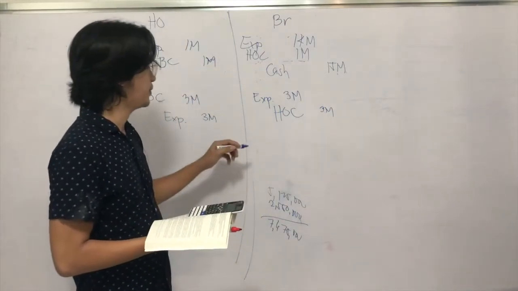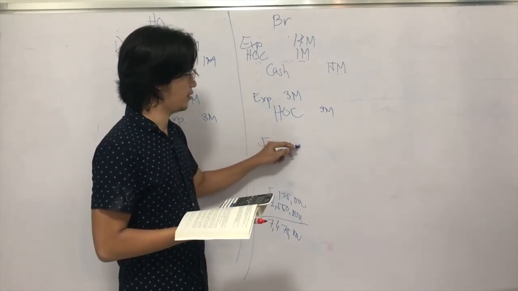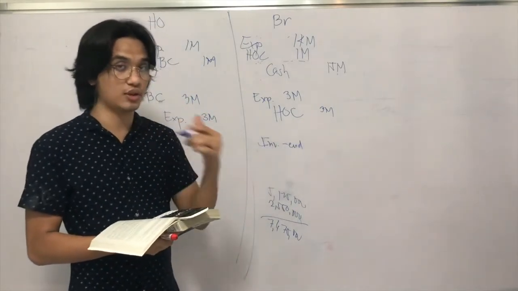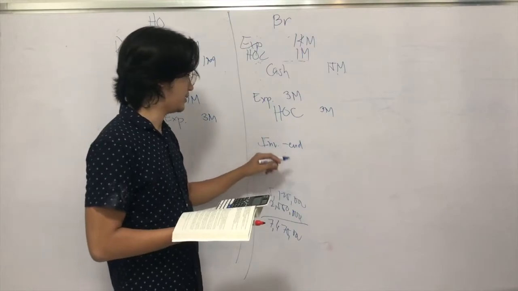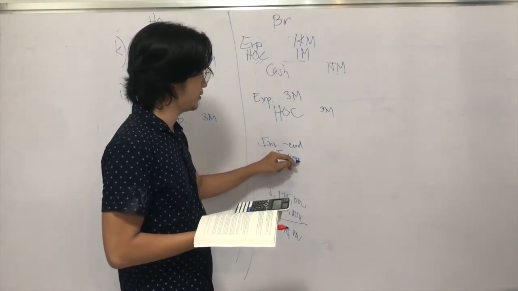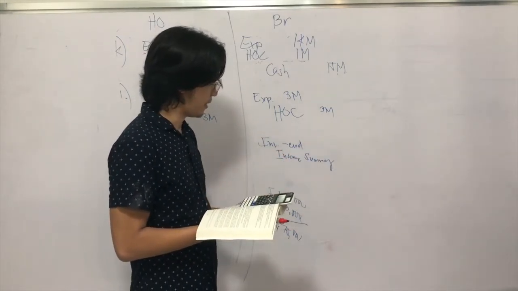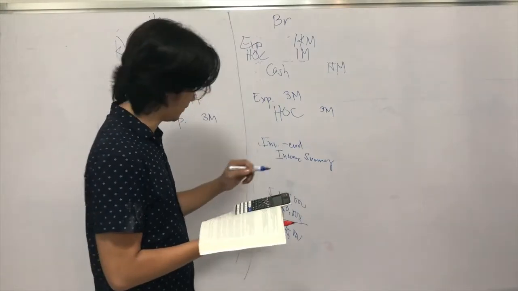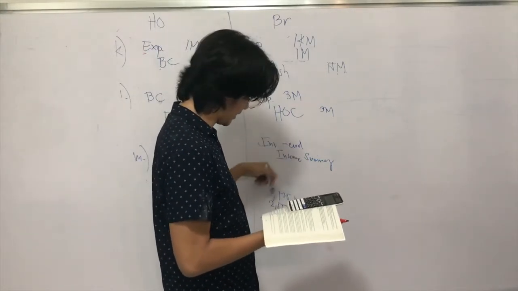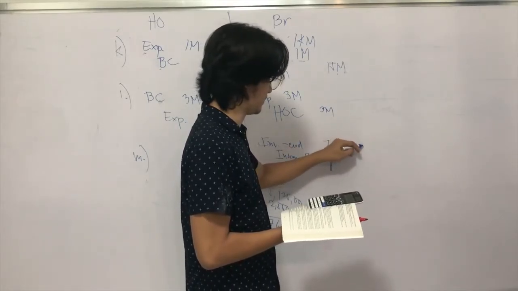So what we're going to do, we debit inventory December 31, then credit income summary amounting to 7,675,000.